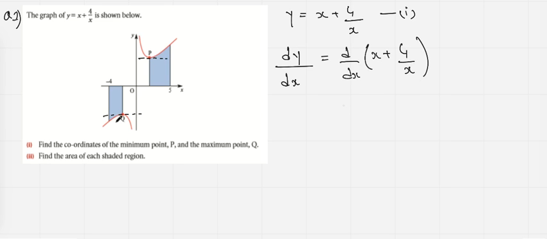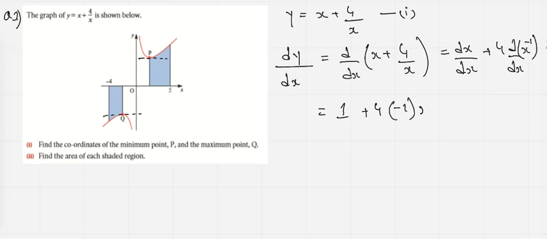You know that the derivative of x is going to be 1, and the derivative of 1 upon x, which is x power minus 1, we can find by using the x^n formula of derivatives, right? So it is going to be simply 1, and this is going to be n x^(n-1). So it is 1 minus 4 upon x squared. Okay, so this is it.